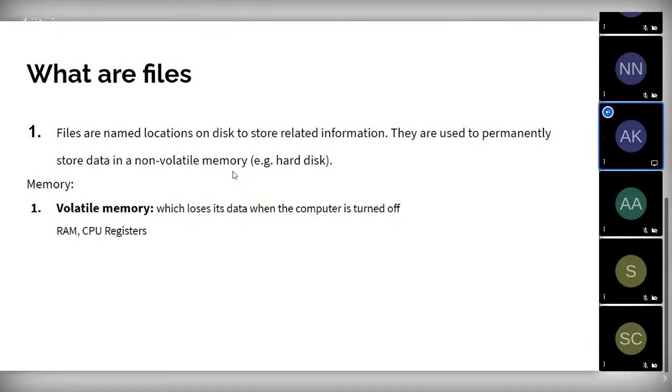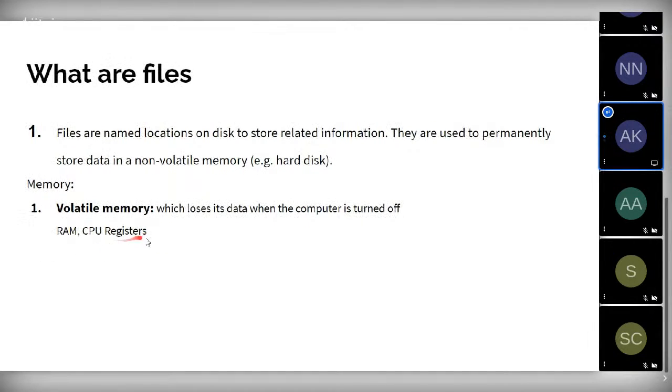Volatile memory stores information temporarily. It means that if you turn off your computer, that information will be destroyed. Examples of this are RAM and CPU registers.